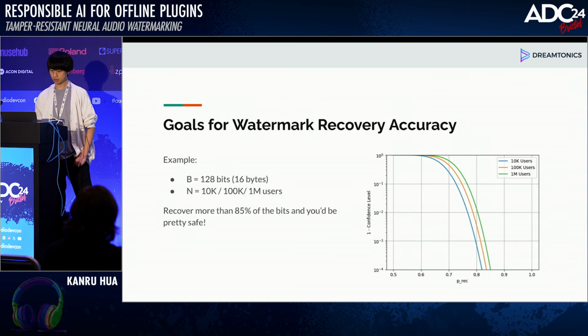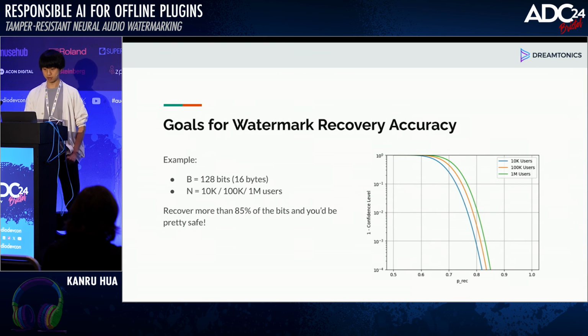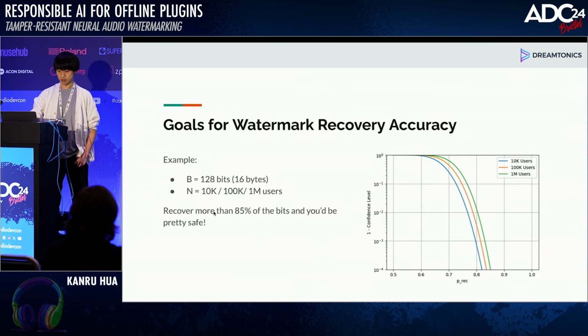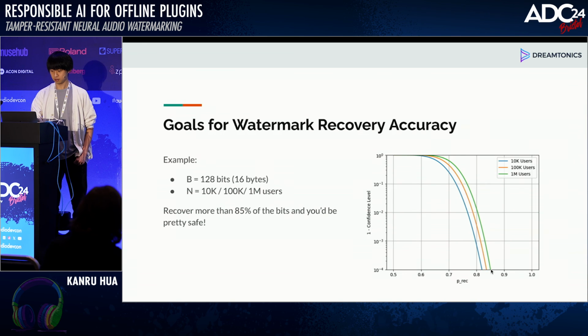There are two levels of inaccuracy we're talking about. One is that your watermark has 128 bits. What if we only recover 80 bits accurately? What if we recover 90 bits? The graph is showing that if you multiply 128 by 0.85, so around 90 bits, if you recover 90 bits, you're pretty safe to say that you know who's generating that audio.